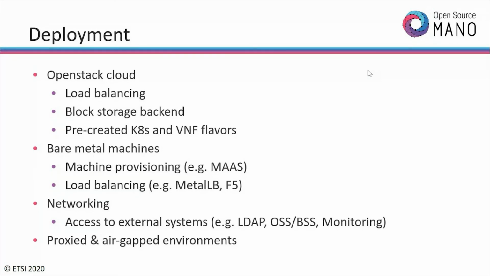I don't know, Eduardo, do you have anything to add to this, or does anybody else have something to add or any questions? I just wanted to add that proxy and air-gapped environment are really common on the field, either on academia or in service providers.